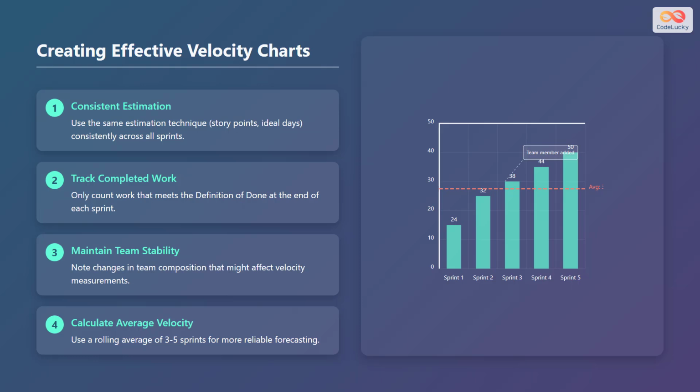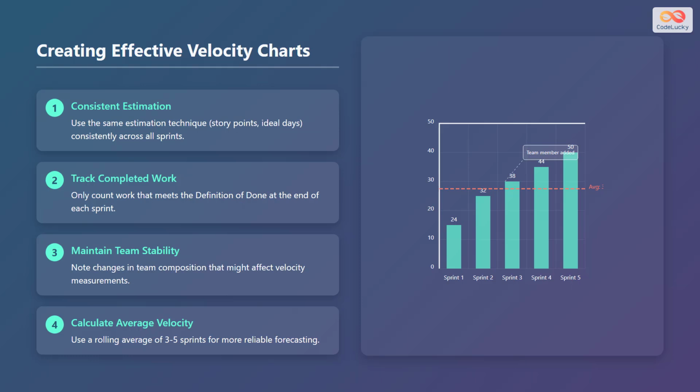To create effective velocity charts, you should take the following steps. First, consistent estimation. Employ the same estimation technique, such as story points or ideal days, consistently across all sprints to maintain reliable data. Second, track completed work. Only count work that meets the definition of done at the end of each sprint to ensure accurate reflection of delivered value.